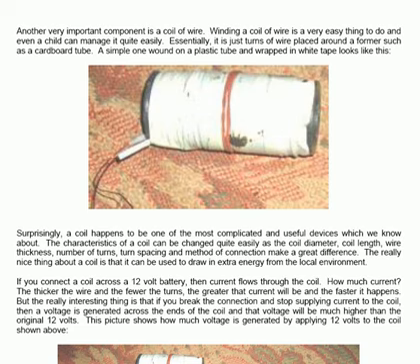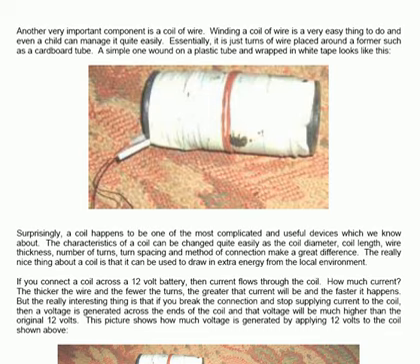The really interesting thing is that if you break the connection and stop supplying current to the coil, then a voltage is generated across the ends of the coil, and that voltage will be much higher than the original 12 volts.